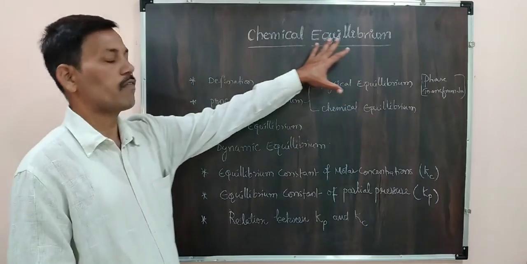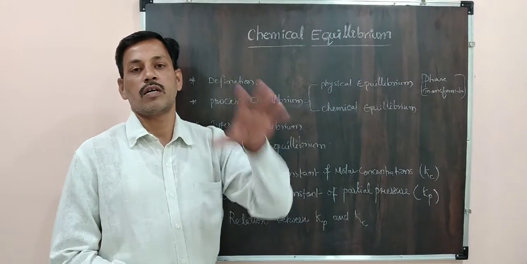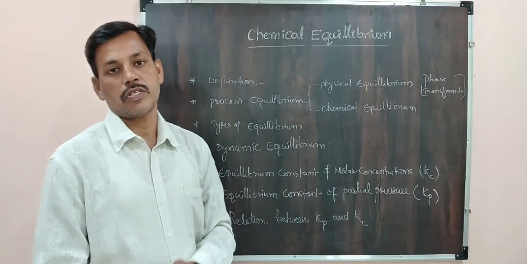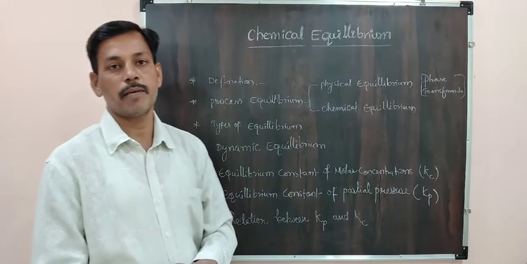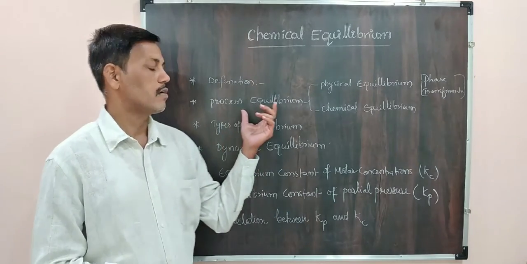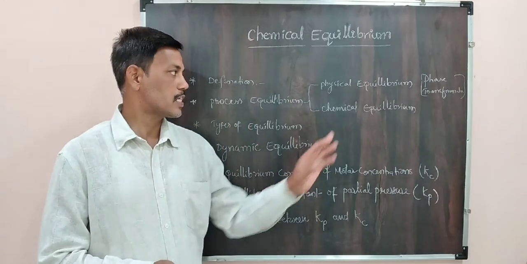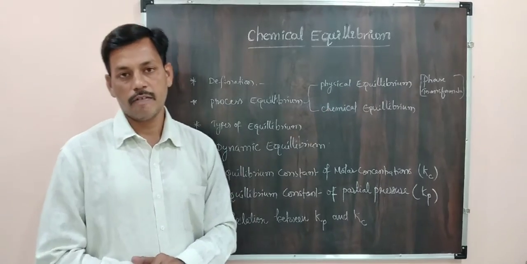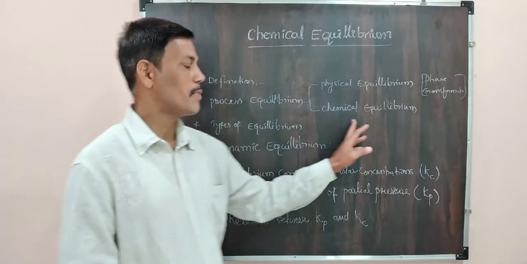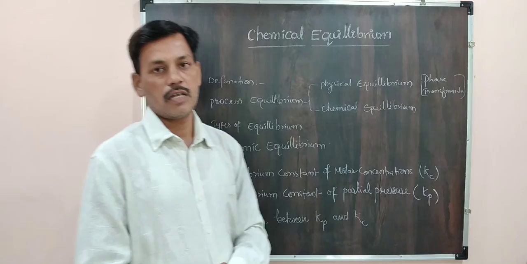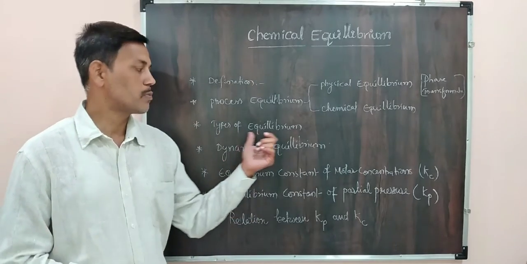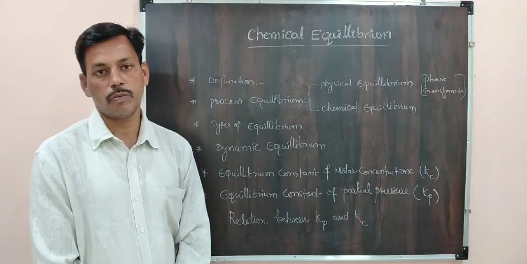In chemical equilibrium we go through the equilibrium processes. Dynamic equilibrium is there. After that, in the process of equilibrium we study physical equilibrium processes and chemical equilibrium processes. And after that, types of equilibrium are also important.